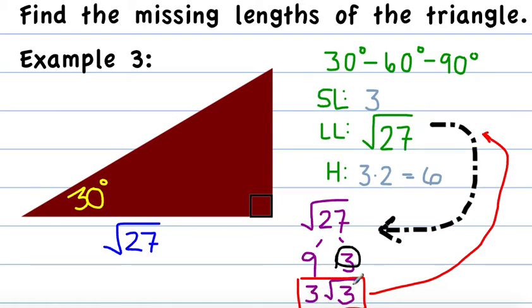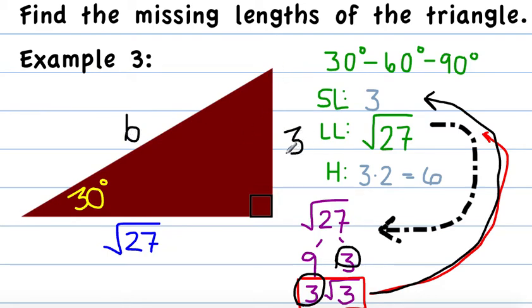Well, that corresponds with the way our formula is written, so we have 3 times the square root of 3, which would mean that S must be 3 since 3 is the coefficient out front of the square root of 3. So then to find the hypotenuse, it's just as easy as plugging into the formula. 3 times 2 is equal to 6. So the hypotenuse is equal to 6, and the short leg is 3.